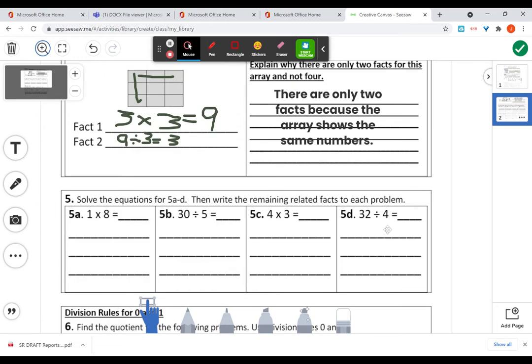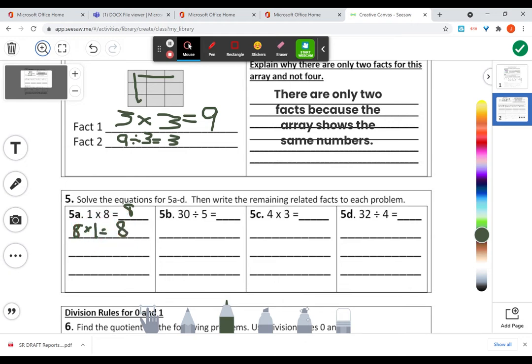So when we now move down to the next one, we have to solve the equations, and then we have to write the remaining fact families. So 8 times 1, I know is going to be 8. And when I write the related fact, it's going to be 8 times 1, basically just switching around my 8 and my 1.